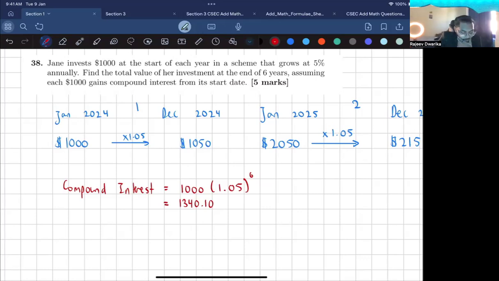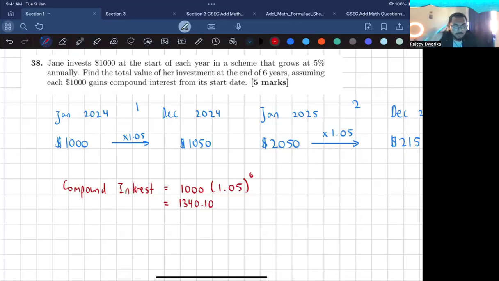I don't see how that would help us much. So we know what the compound interest on the $1,000 is, but that still wouldn't apply to the logic of the question.